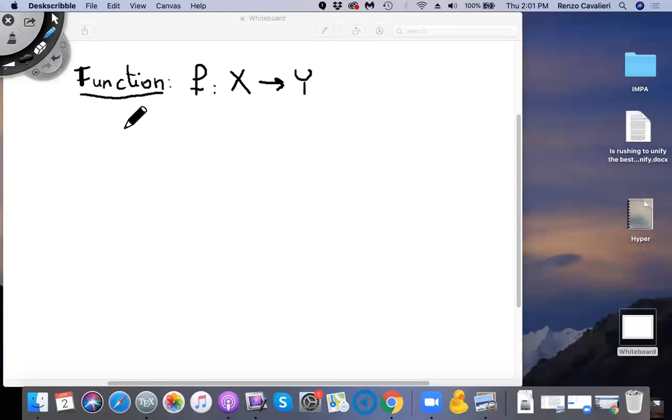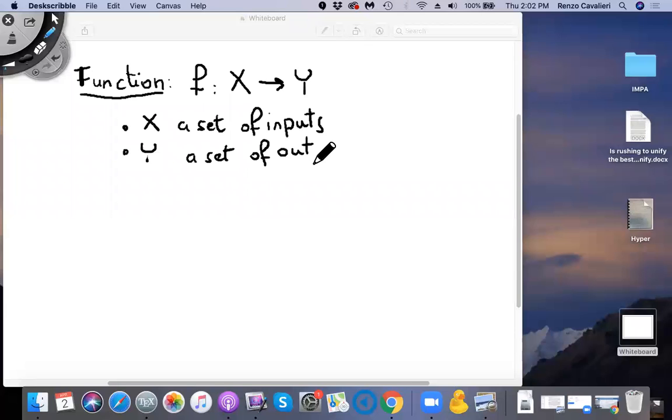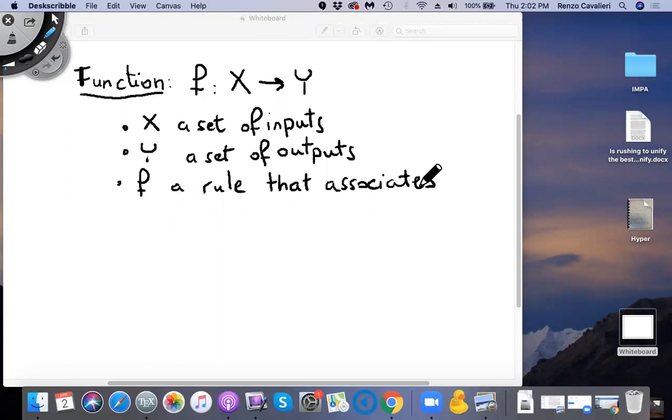So the three ingredients are a set of inputs, a set of outputs, and a rule that associates outputs to inputs.